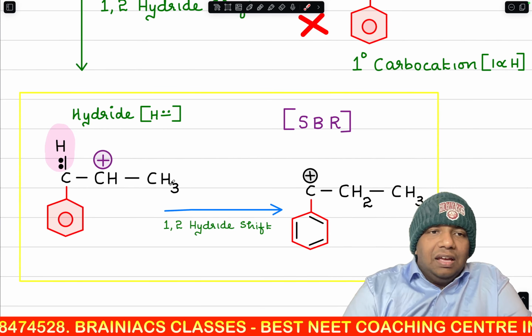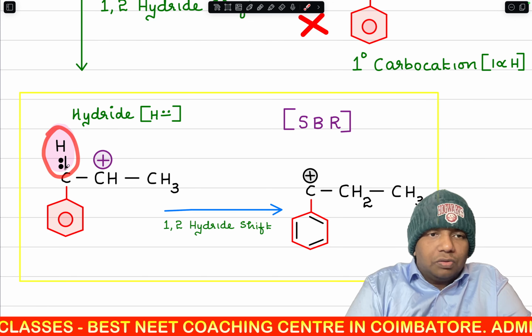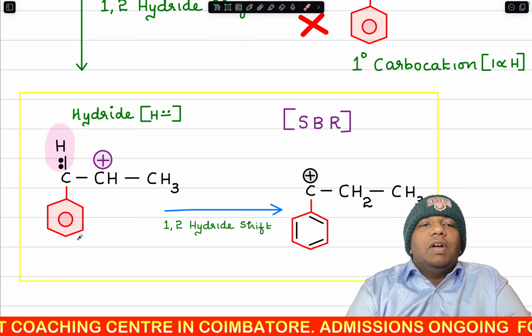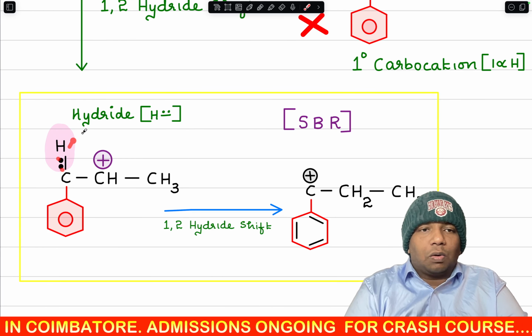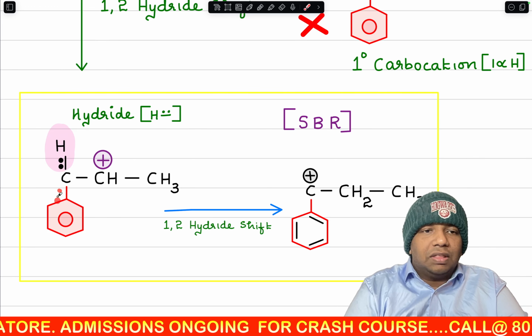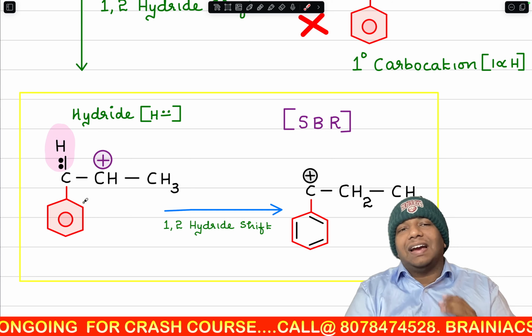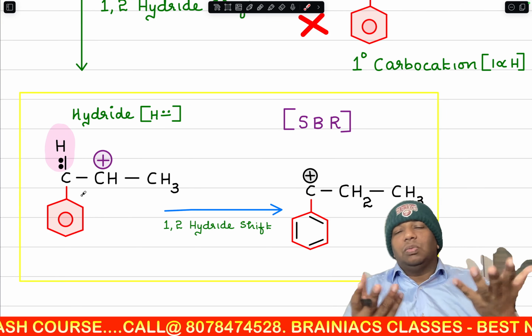The nearby carbon atom has a hydrogen with a pair of electrons here and a benzene with a pair of electrons. Whenever there is a possibility of shifting of hydrogen with a pair of electrons to here and benzene with a pair of electrons to here, always the hydride shift will happen first because it is of less weight and very easy to move.